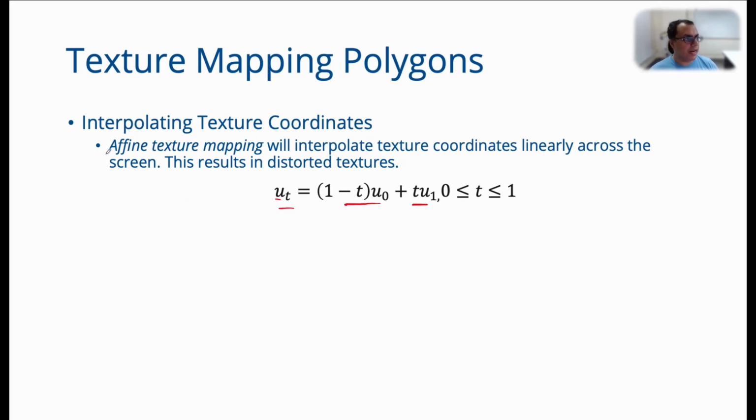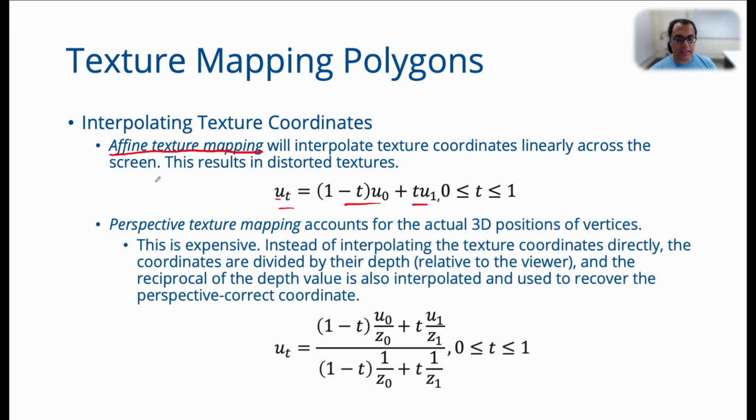And we will see what kind of distortion it is. This distorted texture mapping is called affine texture mapping. The way to get around this distortion is to actually divide the texture coordinate by the z value at that pixel. This process is called perspective texture mapping as opposed to affine texture mapping. And you get this perspective correct texture coordinate.